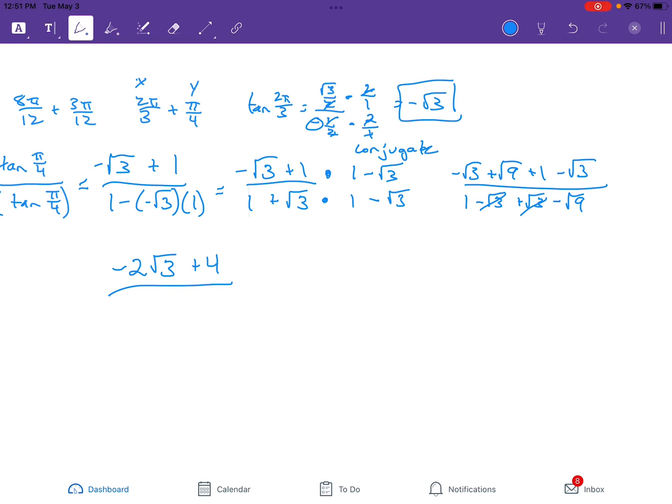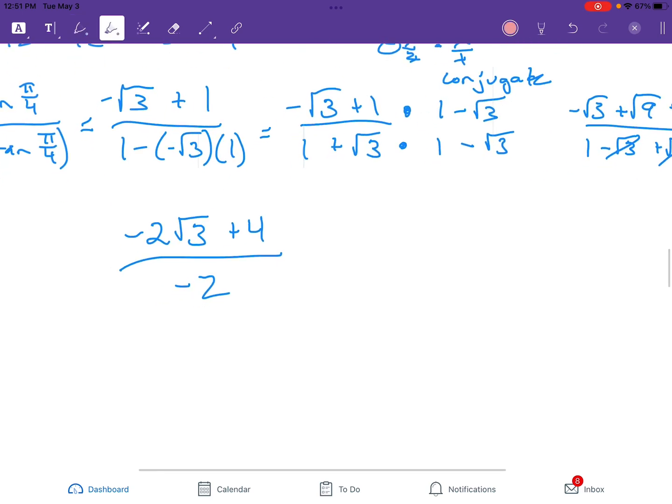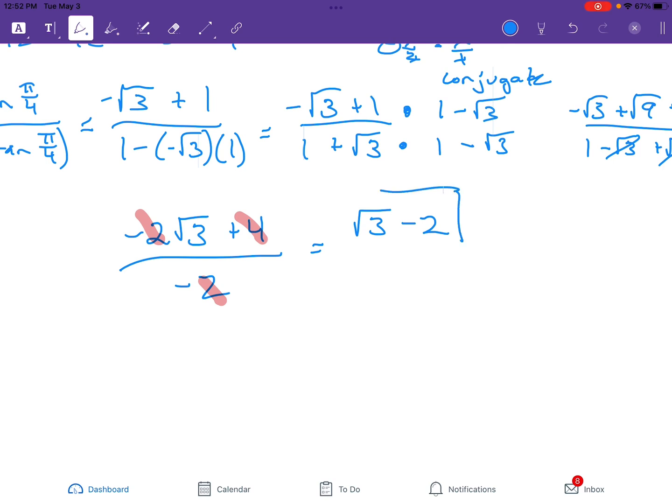And then we have 1 minus the square root of 9, so we have 1 minus 3, which is negative 2. Since the 2, and the 4 are all multiples, we're going to divide everything by negative 2, which gives us root 3 minus 2. And we're done. That's it. So easy.